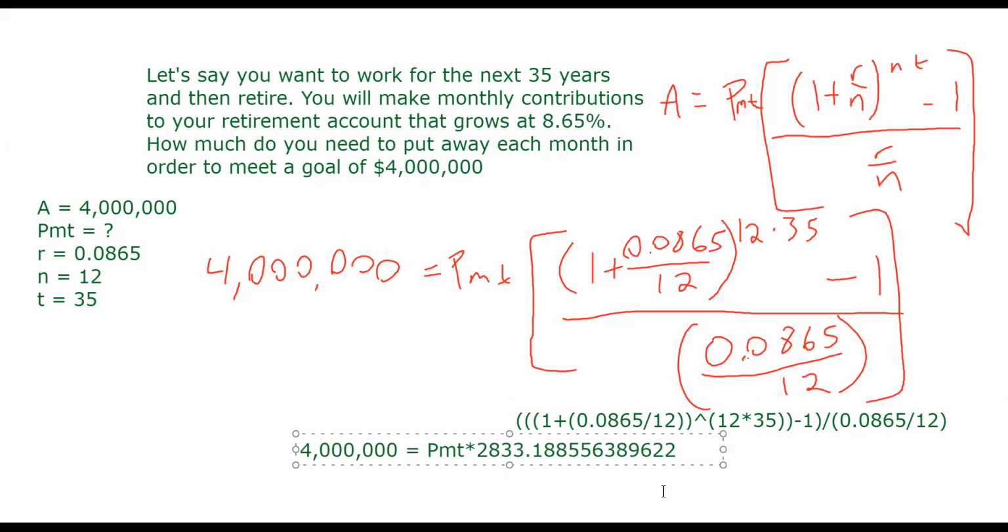And so now I just got to divide both sides by 2833.188,556,389,622.